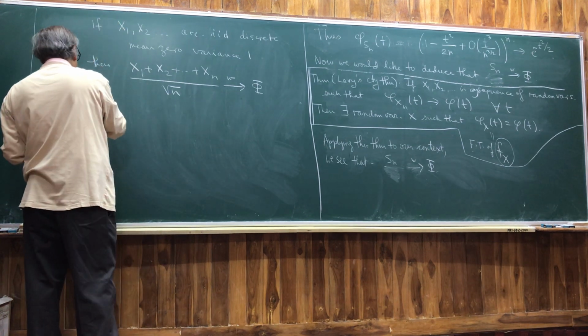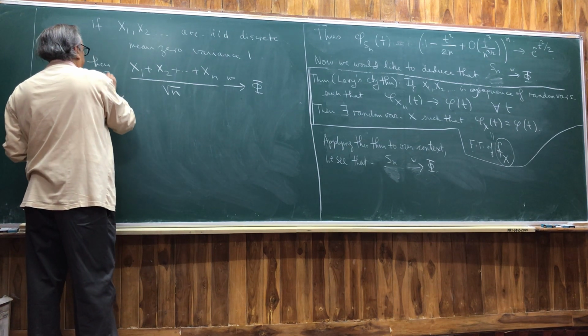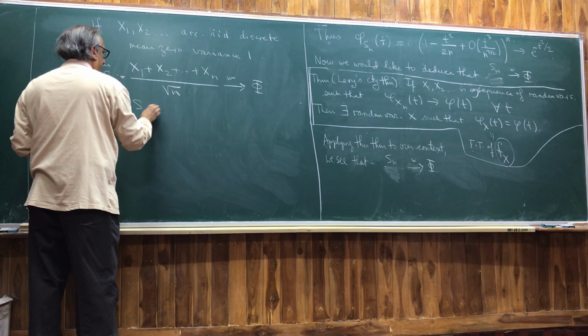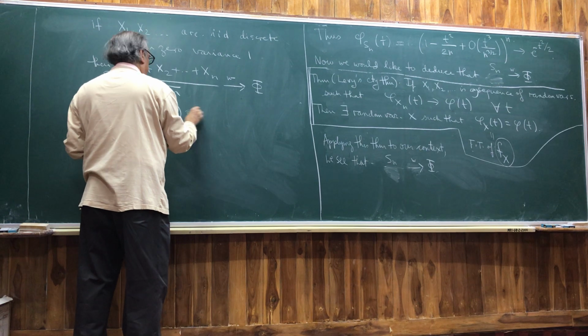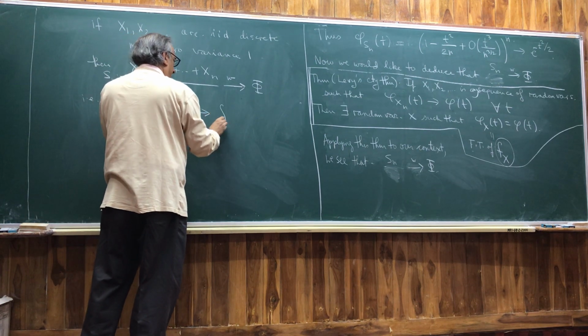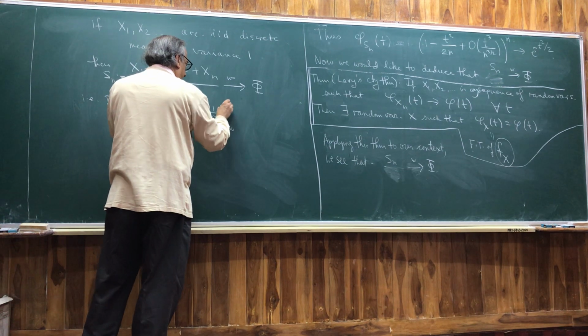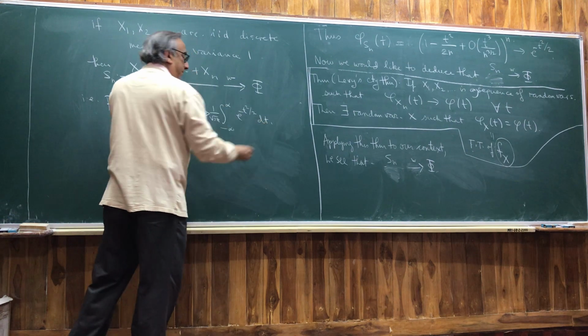In other words, let's call this Sn, the probability that Sn is less than alpha tends to 1 over root 2 pi, integral from minus infinity to alpha of e to the minus t squared over 2 dt.